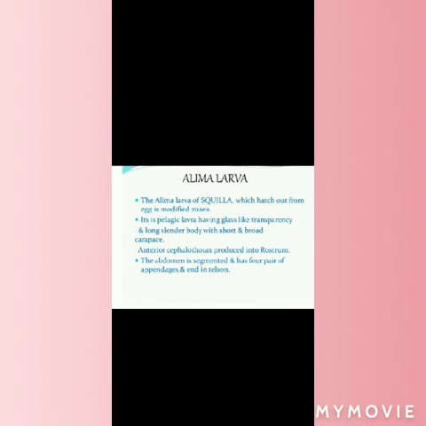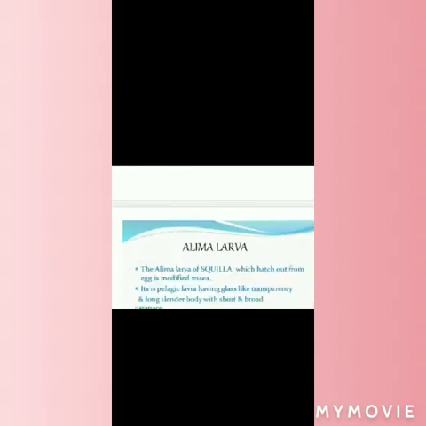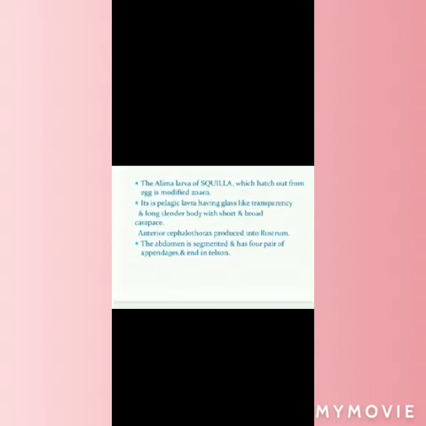It is a pelagic larva having glass-like transparency. See here the glass-like transparency of the alima larva. It has a slender body with a short, broad carapace and elongated form. The abdomen is segmented and has 4 pairs of appendages. See here, and ends in the telson, right?